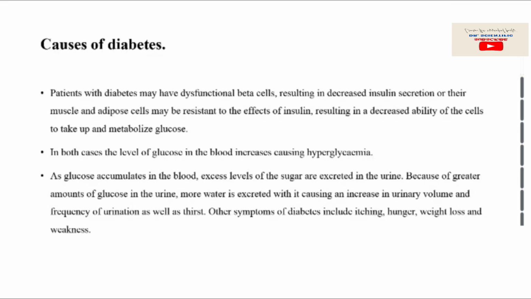And when glucose is being excreted through the urine, more water will be drawn out through osmosis, thus leading to an increase in the volume of urine and the frequency of urination, leading to what we call thirst.